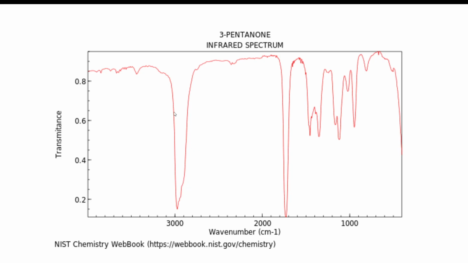So we notice first that we have our 3000 group. That's our CH bonds. But we also have this deep, deep one right here.